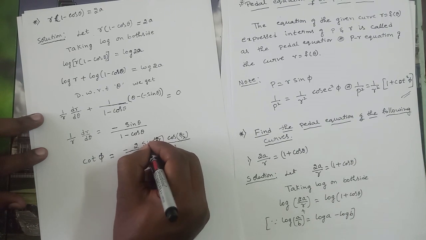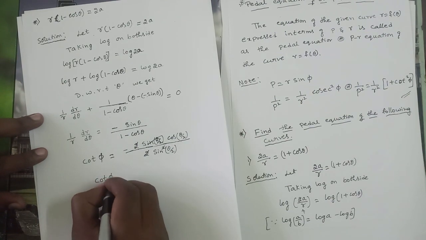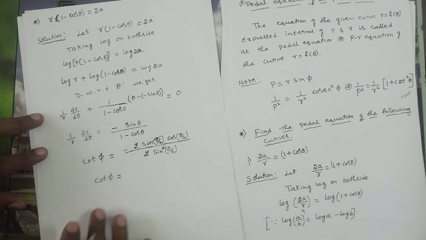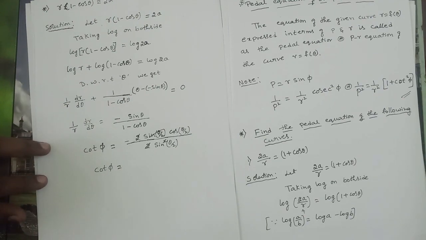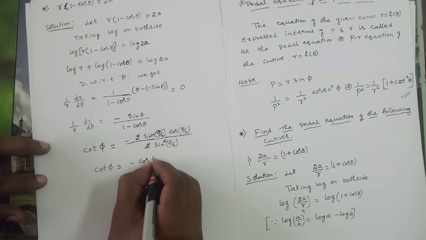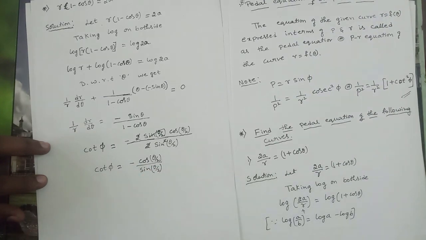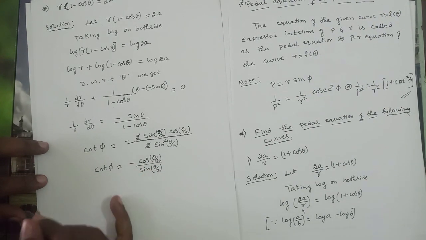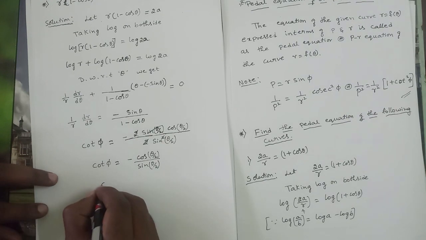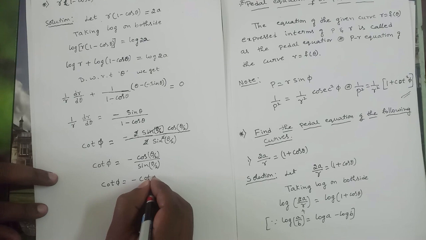So 1 sin gets cancelled, 2 gets cancelled. So cot phi equals minus cos theta by 2 divided by sin theta by 2. So this can be written as cot theta by 2. So cot phi equals minus cot theta by 2.